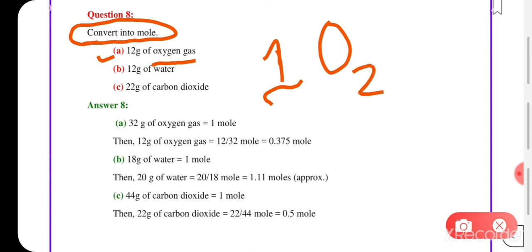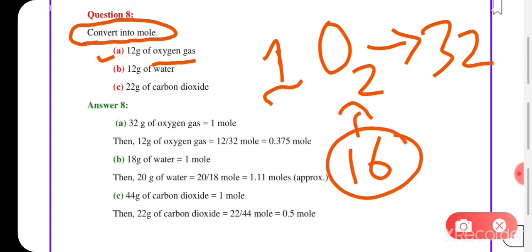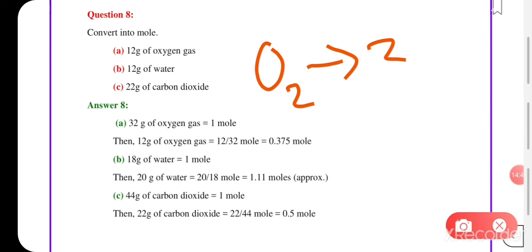Oxygen molecule O2. 1 mole of oxygen will be 32 grams, right? Because oxygen is diatomic, it will exist in diatomic state. So for O, a single atom, its mass is 16. But for O2 mass will be twice of 16, that is 32. So when I am writing O2, its 1 mole mass is 32 grams.